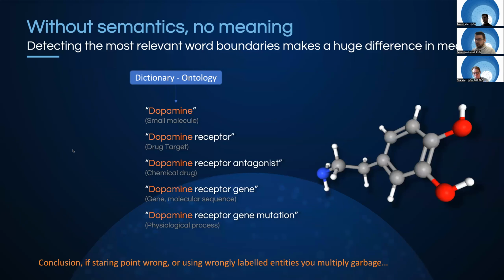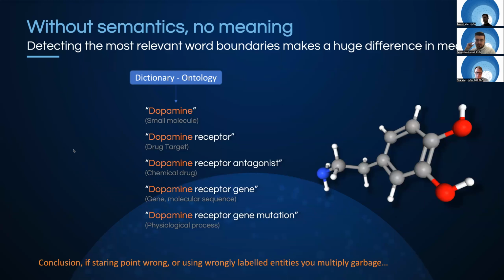That's really the top-down approach: predefined, you do a mapping with knowledge that already exists in a dictionary. Let's suppose that you have in your dictionary only the word dopamine. Then in all three cases, it will be mapped to just dopamine, ignoring the more specific semantic meaning of the word group.